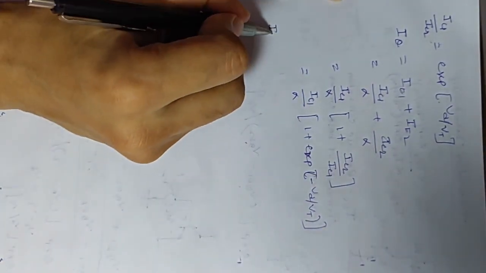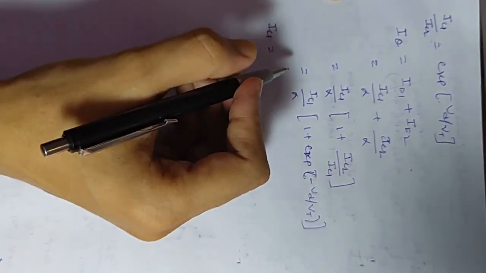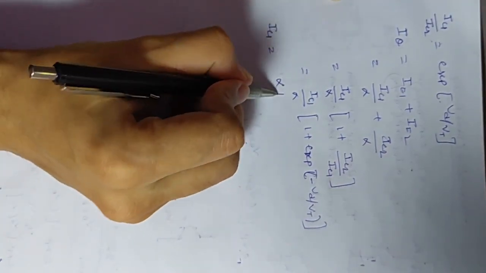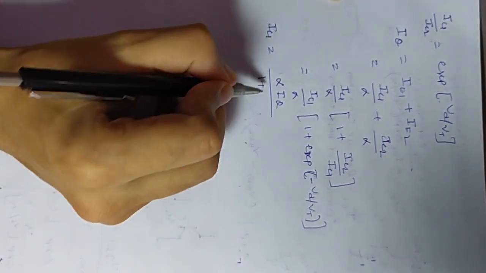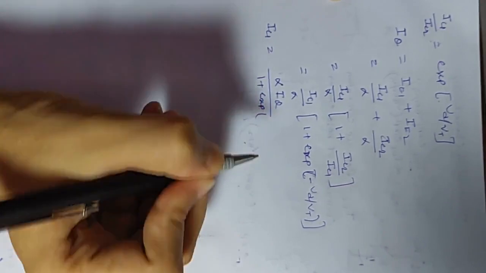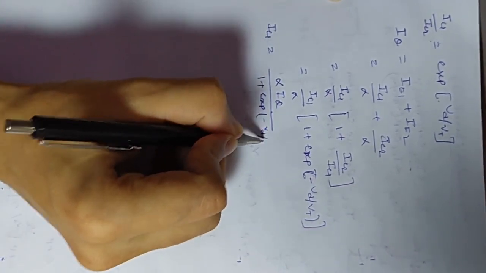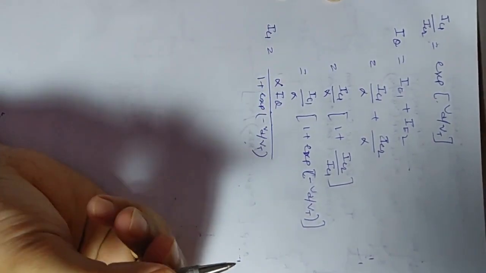So IC1 equals alpha times IQ divided by 1 plus e to the power minus Vd by Vt.